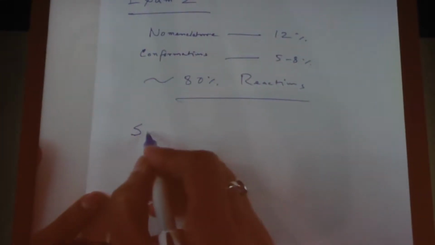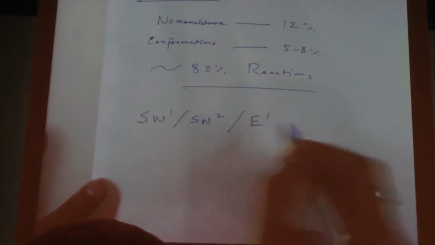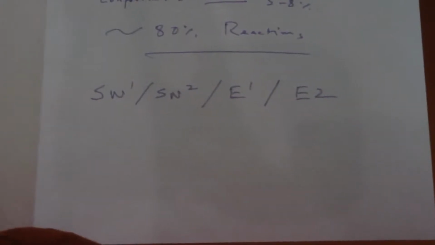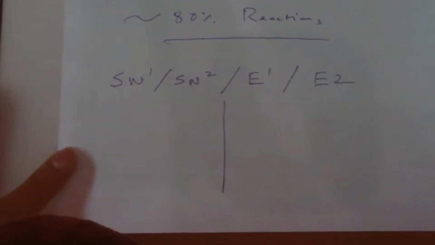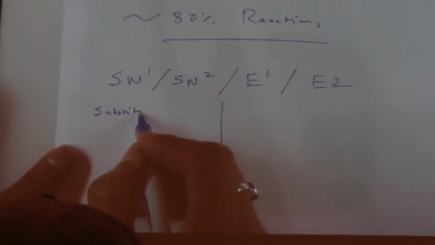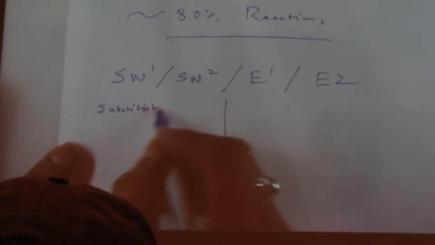What we have seen is 4 different types of reactions: SN1, SN2, E1, and E2. So the fundamental difference is that the S reactions are essentially substitution, right? And E stands for elimination.